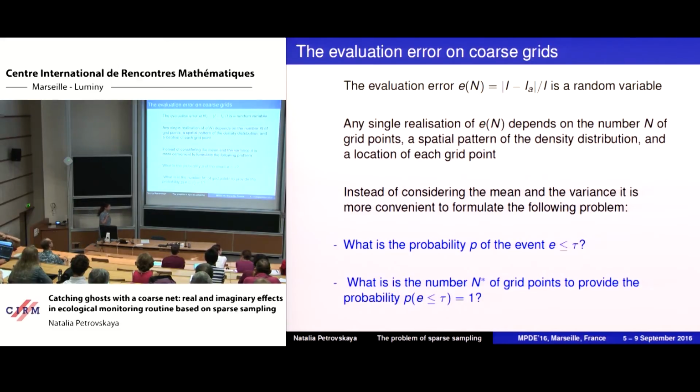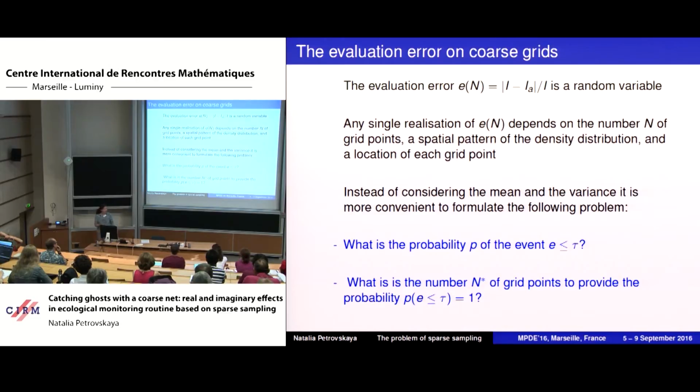We want to see that our evaluation is accurate. And if we cannot provide an accurate evaluation, then we should be able to answer the question: what is the probability of this event? Again, we go to the field, we install traps, and we ask, what is the probability that we are accurate?